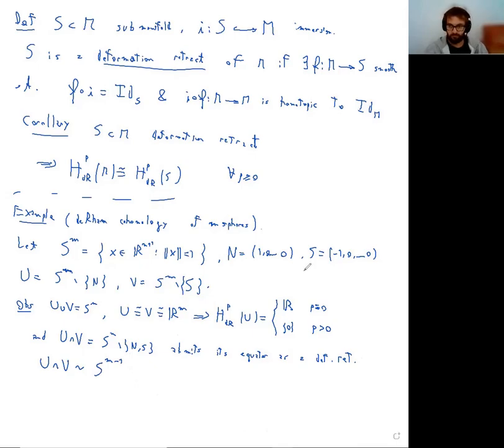Yeah, but one second. Is U intersected V just S^n minus 2 points? Yeah. But I thought if we just remove those 2 points, it's S^(n-1)... I'm sorry, that was stupid.